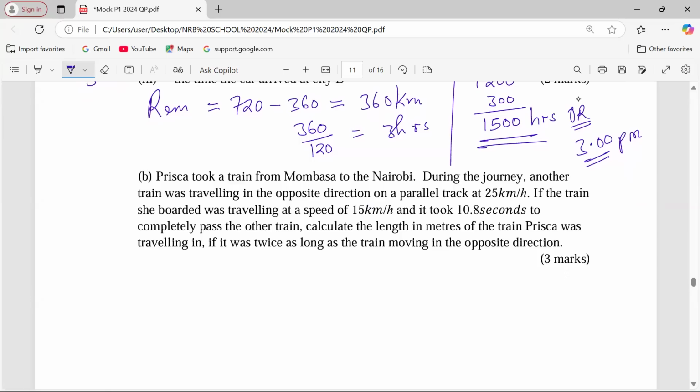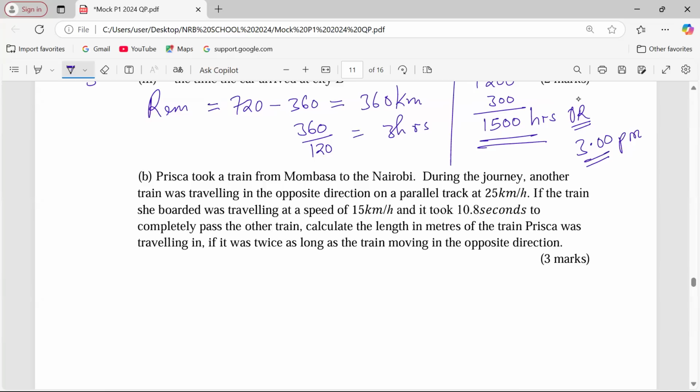If the train she boarded was traveling at a speed of 15 kilometers per hour and it took 10.8 seconds to completely pass the other train, calculate the length in meters of the train Priska was traveling in if it was twice as long as the train moving in the opposite direction.